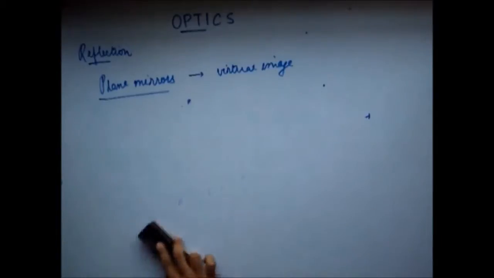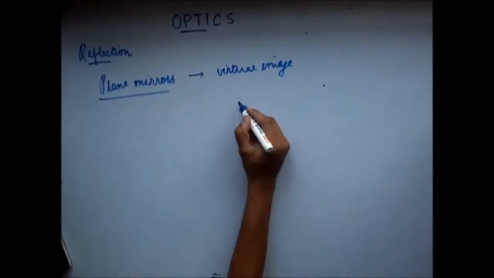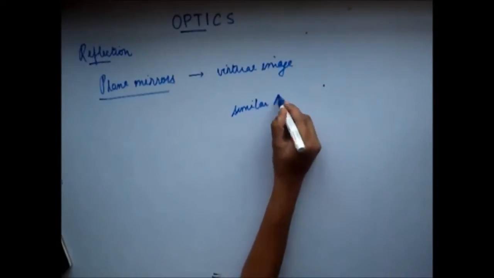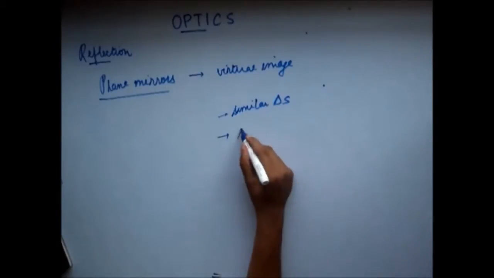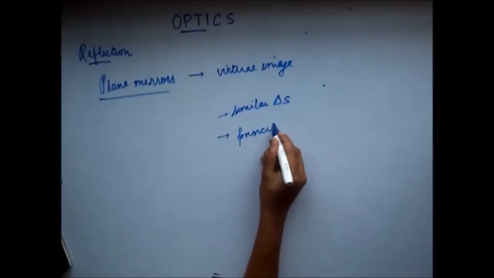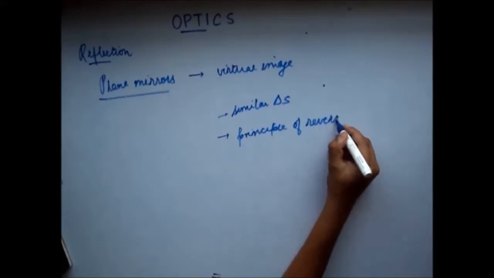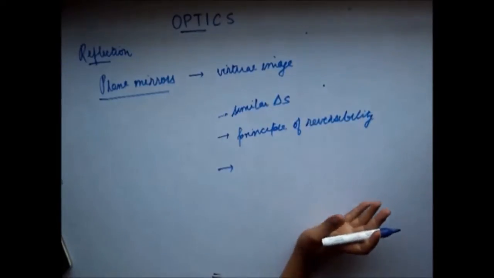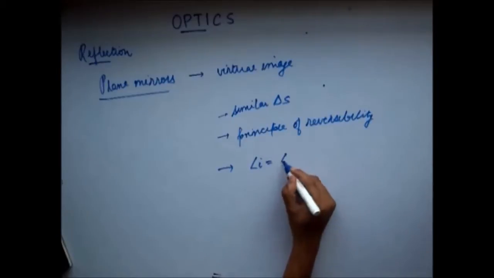All the questions in plane mirrors can be solved using geometry, where basically we'll be using similar triangles, and in some cases we'll be using the principle of reversibility, which I had already mentioned. And the very obvious rule is that you need to always keep in mind that the angle of incidence is equal to the angle of reflection.